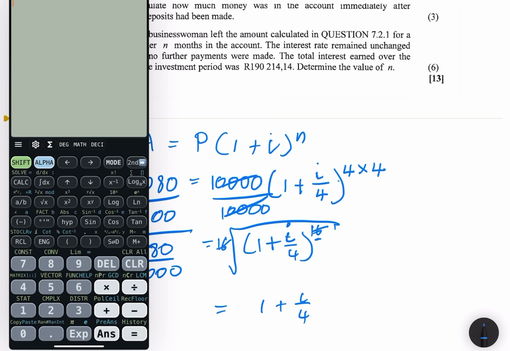I am going to take shift, and take the 16th root of this value that's inside here, and that is going to be 13,080.